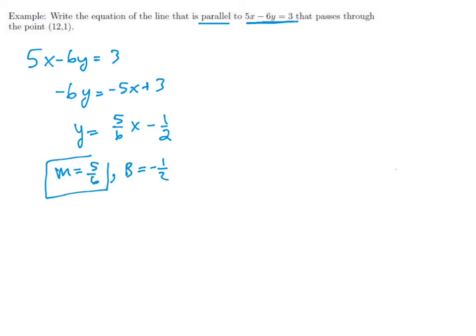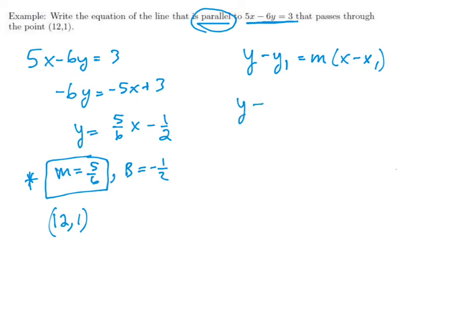So we're going to use this given slope to come up with a new line that passes through the point (12, 1). We use this same slope because the lines are parallel. So we'll use point-slope form because we have a point and we have the slope.